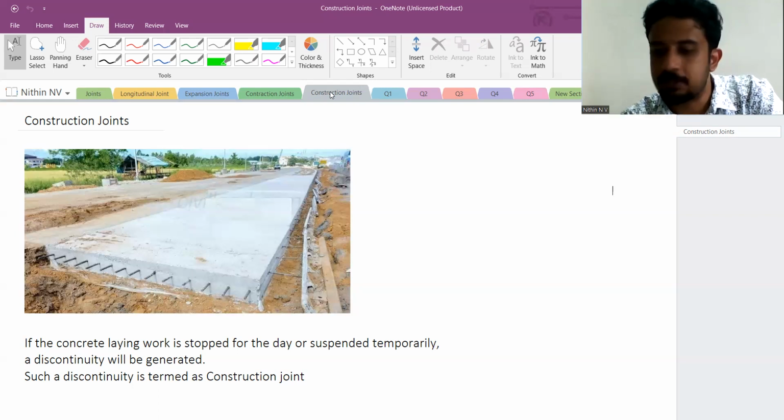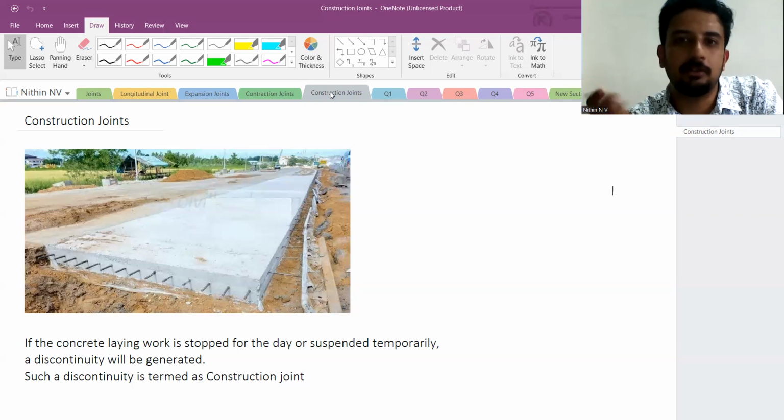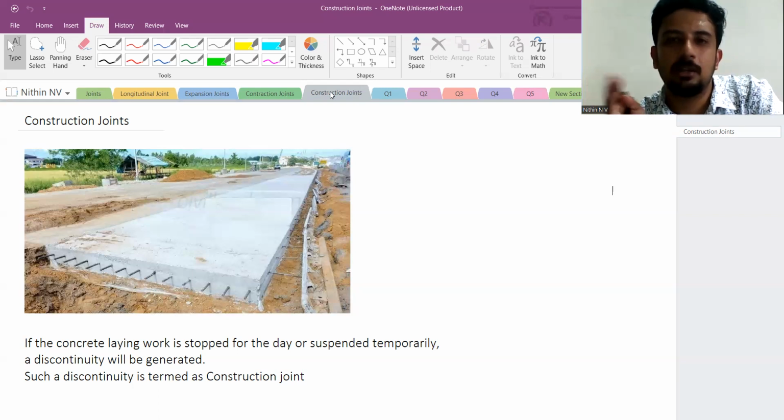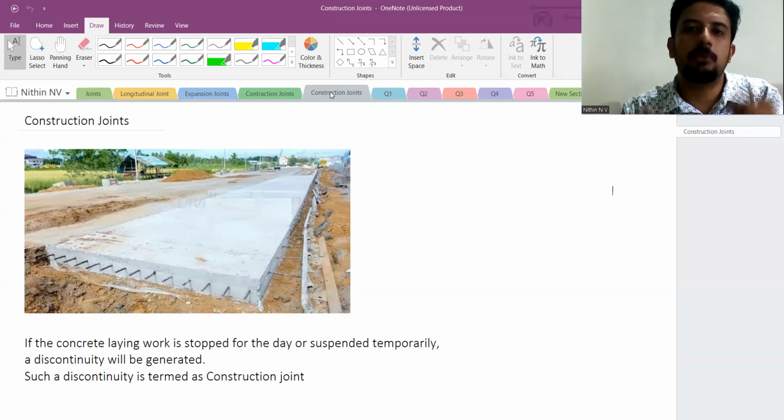If you construct everything and suddenly an earthquake comes, the entire thing will get cracked and wasted. So we'll stop for some days and check the probability of another earthquake. Whatever the reason, temporarily we are stopping the concrete laying work so that continuous work does not happen.